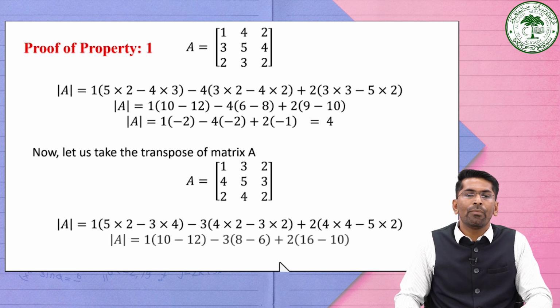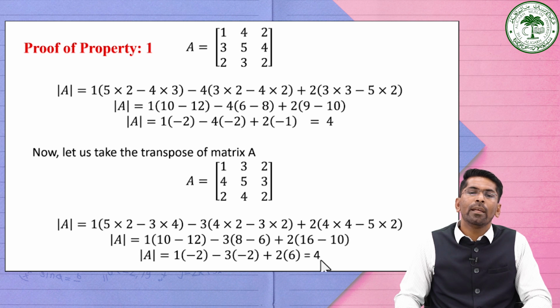If you simplify it, then it is 1 into (5 into 2, which is equal to 10, minus 3 into 4, which is equal to 12), minus 3 into (4 into 2, which is equal to 8, minus 3 into 2, which is equal to 6), plus 2 into (4 into 4, which is 16, minus 5 into 2, which is equal to 10). If you simplify it, then again the result comes out as 4.